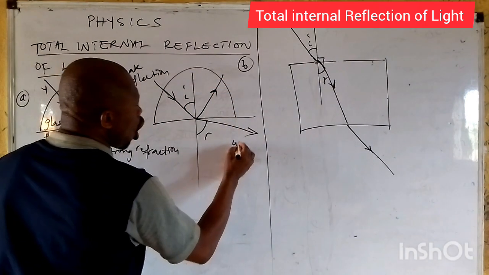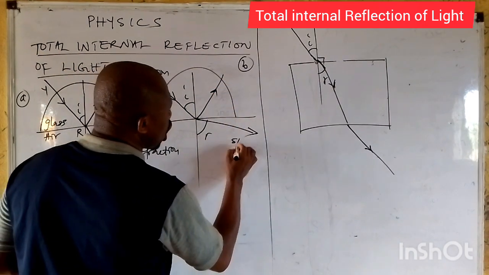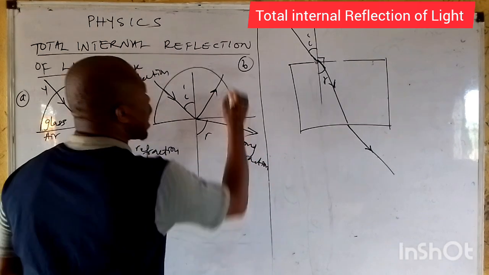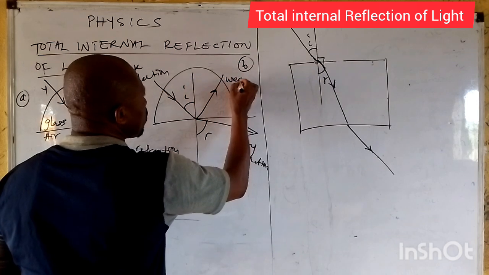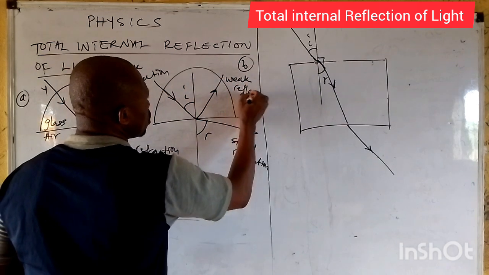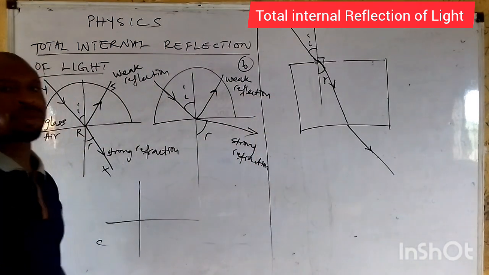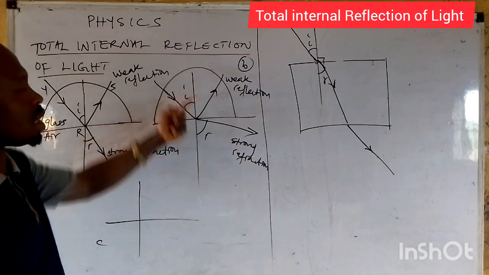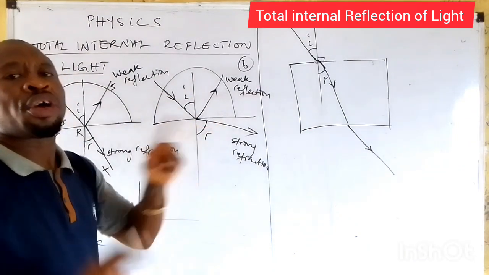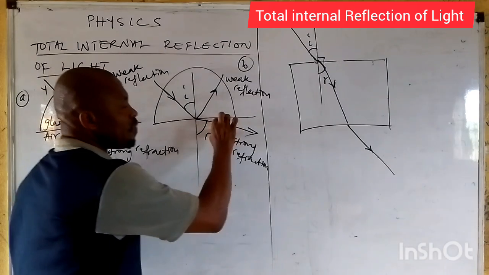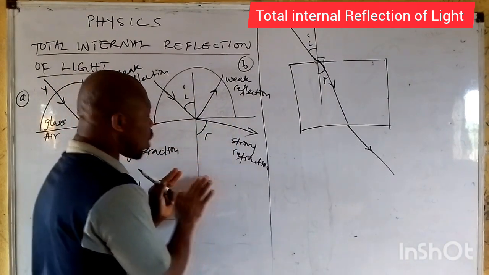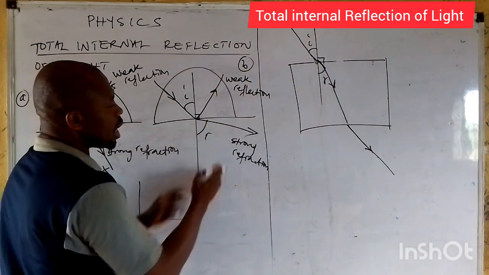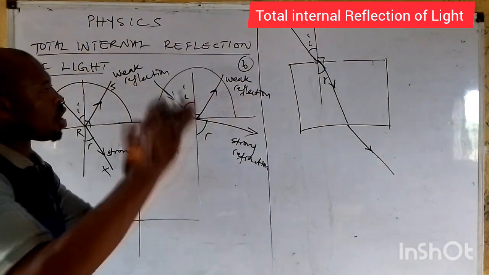So this one is still strong refraction, and then this one will give us weak reflection. So as you continue to increase your angle of incidence, the angle of refraction increases. The refracted ray is further bent away from the normal, because this is a normal line. It continues to bend further away from the normal line.